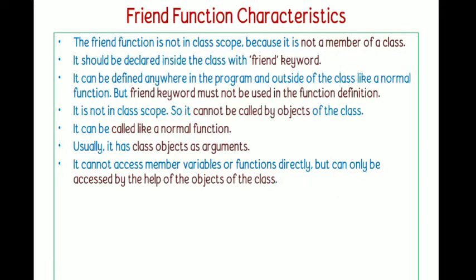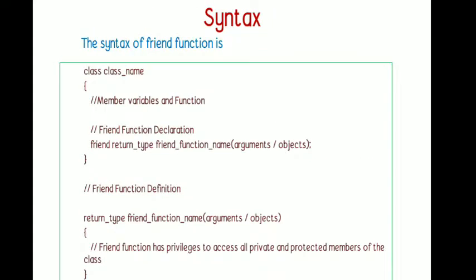So we cannot directly access it, only by passing the objects of the class to the friend function. So with the help of that we can access the members. We cannot directly access the members, but we can access the members through the objects of the class. The last characteristic. So these are some of the characteristics of friend function.